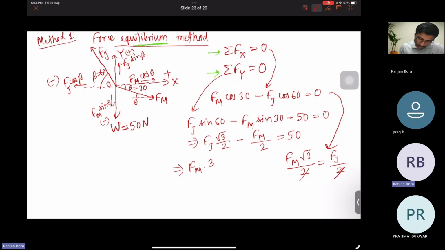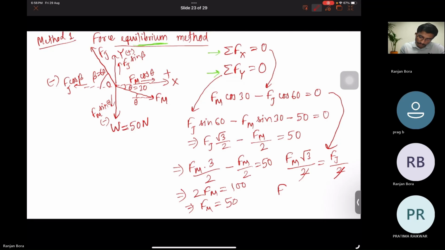Fm multiplied by 3, since root 3 into root 3 will be 3, over 2 minus Fm by 2 equal to 50. From here, 3Fm minus Fm will be 2Fm equal to 100. Yes, Fm is 50. So Fm is 50, and what about Fj? Fj is 50 root 3.